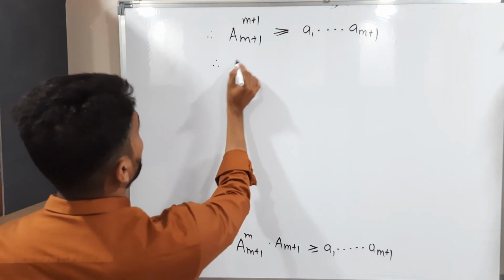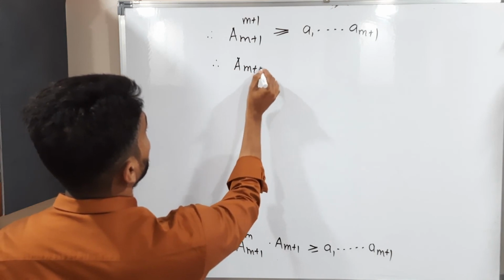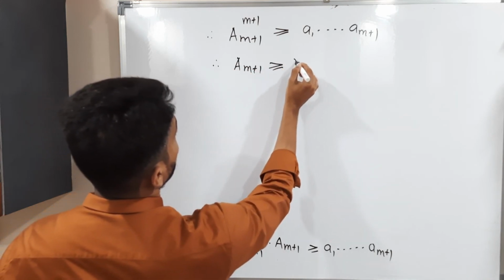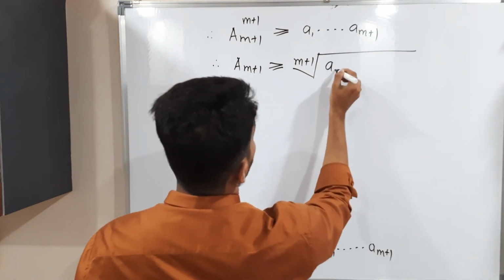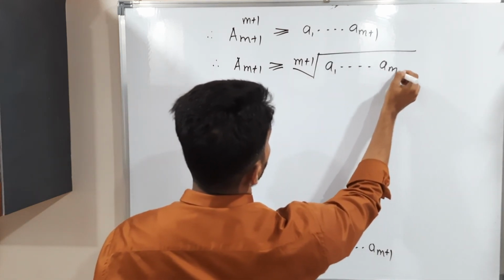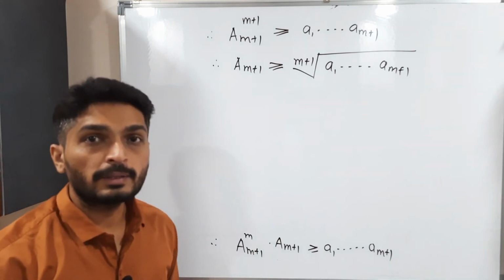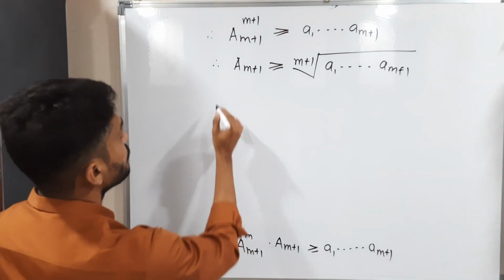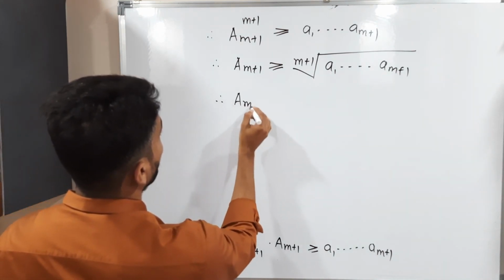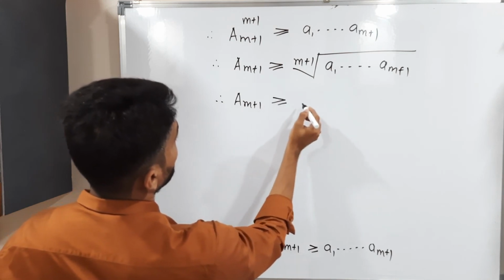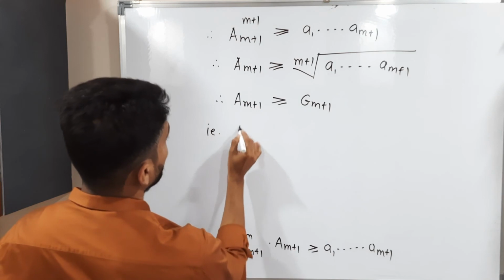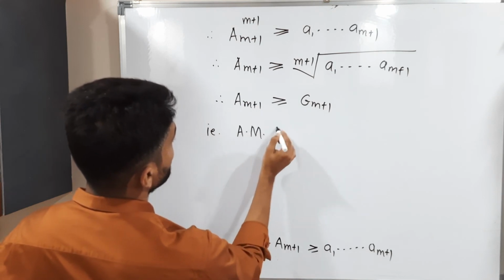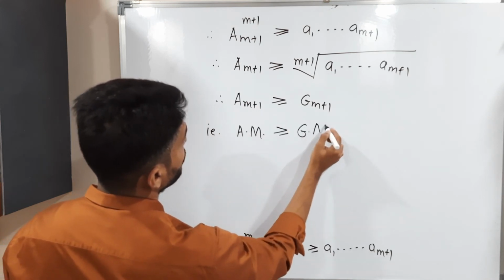So, therefore, Am plus 1 is greater than or equal to the m plus 1-th root of a1, a2 and so on to am plus 1. This is nothing but the geometric mean, right? So, therefore, Am plus 1 is greater than or equal to Gm plus 1, the geometric mean. So, that is, arithmetic mean is greater than or equal to geometric mean.